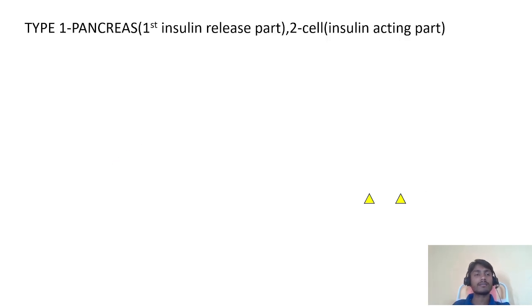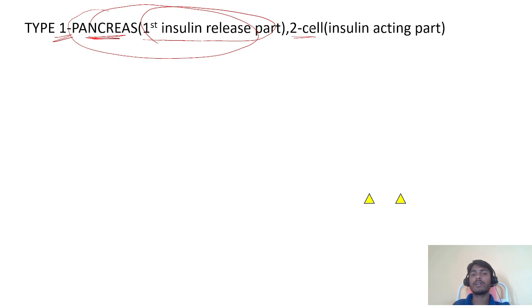So here type 1 is nothing but the first source, that is the pancreas, getting failed. In type 1, the pancreas is the first that releases the insulin. The second one is the cell, the insulin acting part.